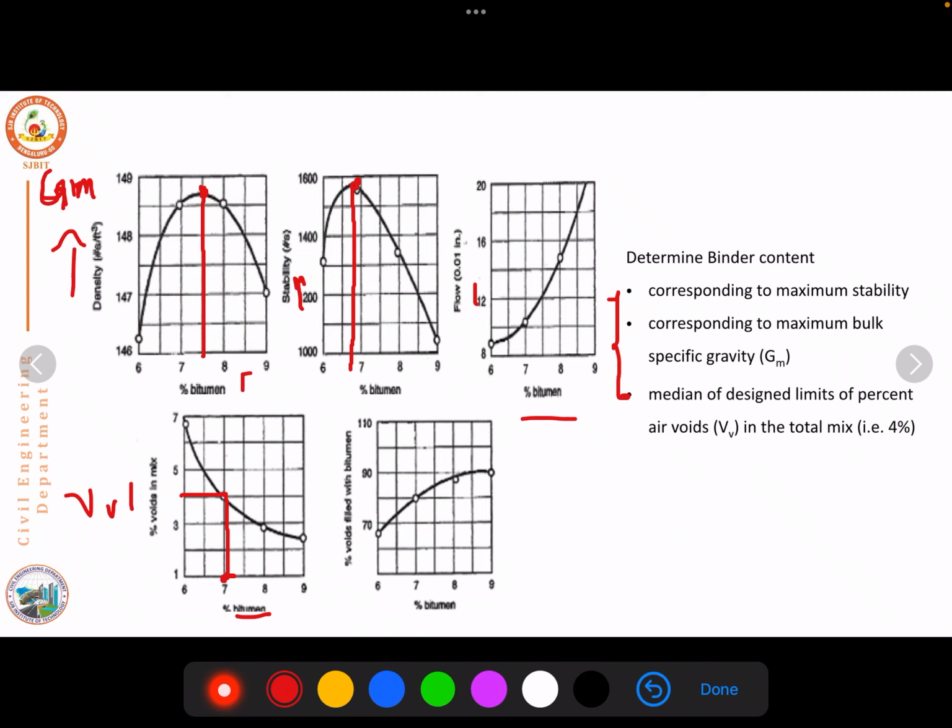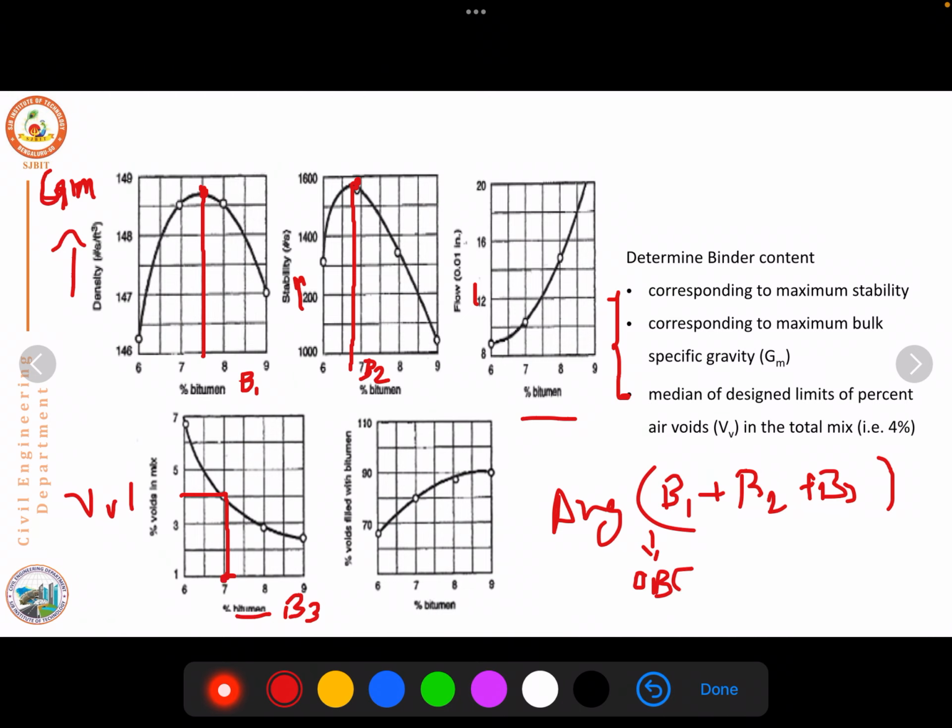Let us call these B1, B2 and B3. Find the binder content corresponding to maximum density, maximum stability and 4% air voids. Then find the average of B1 plus B2 plus B3. That average will be the optimum binder content.